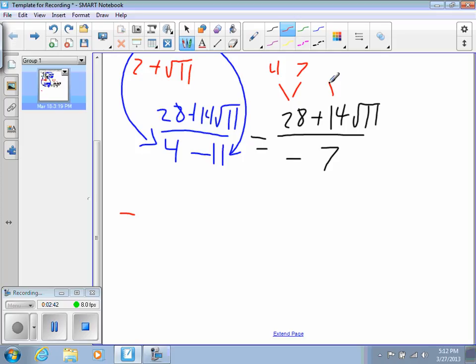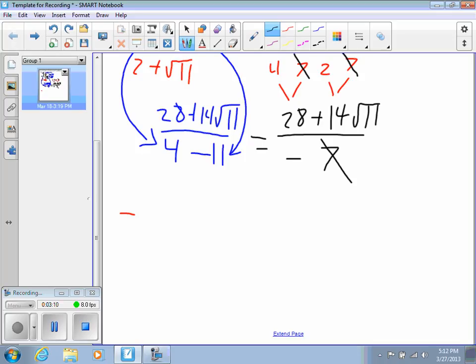And 14, isn't that 2 times 7? I'm not going to worry about breaking it all the way down to primes. Instead, I'm going to say that this 7 cancels that 7 in this term, and that 7 in this term when I distribute it.